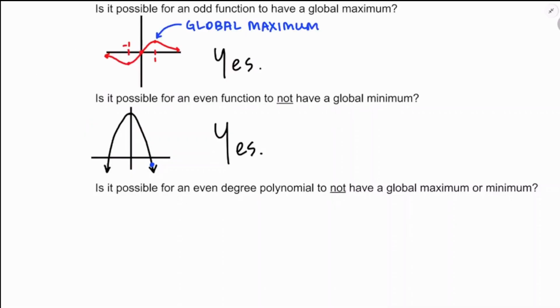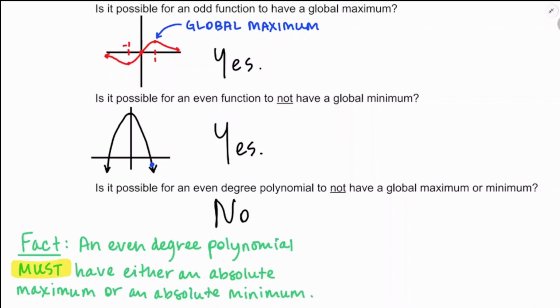And the last question: is it possible for an even degree polynomial to not have a global maximum or a global minimum? And that's not going to be possible. That's because if you think about it, an even degree polynomial is one where the end behaviors are the same. So they either both go up, and you're going to have weird stuff happen in the middle, but they both go up eventually.